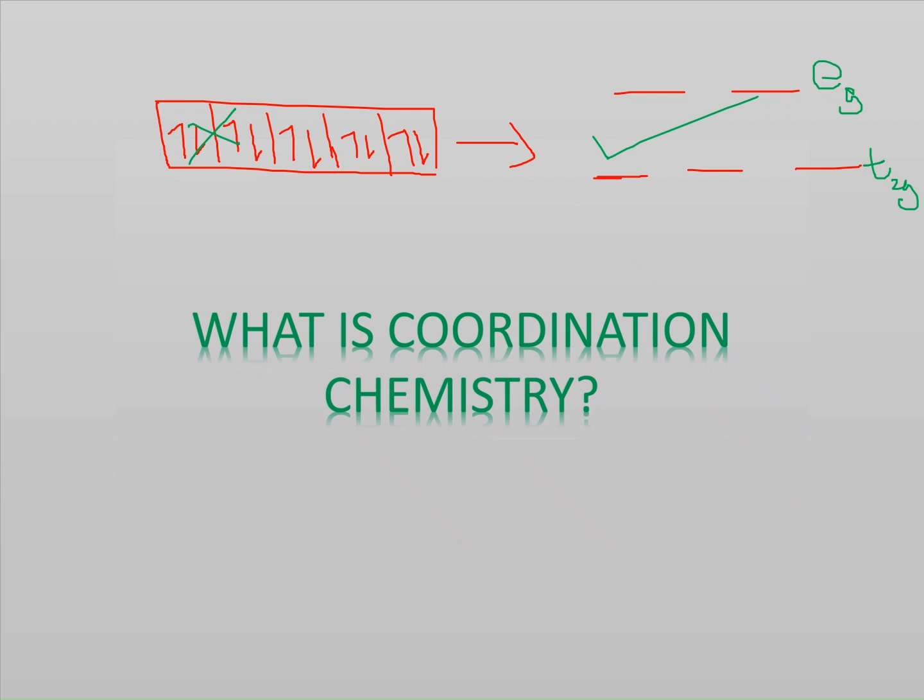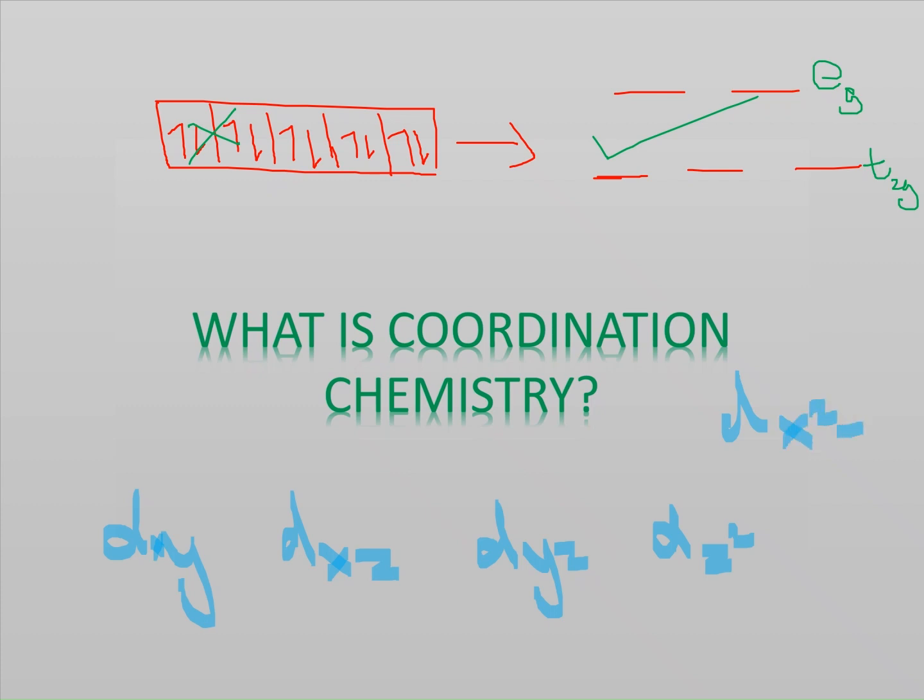There are 5 d orbitals, right? So the names are dxy, dxz, dyz, dz square, and dx square minus y square.